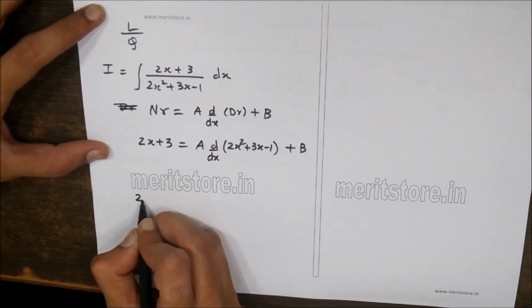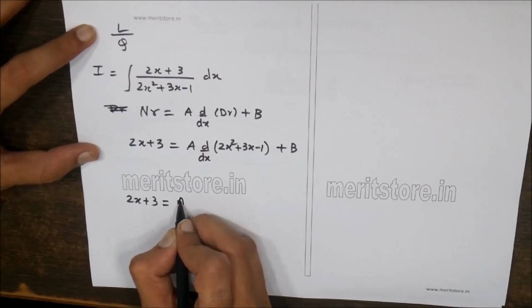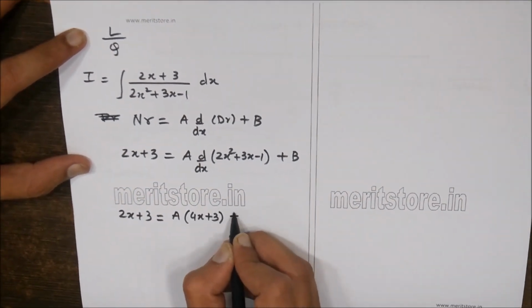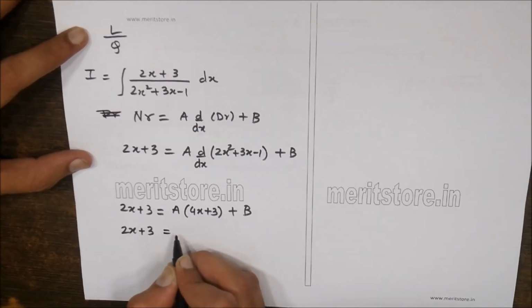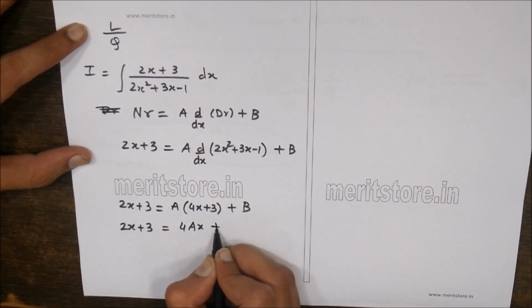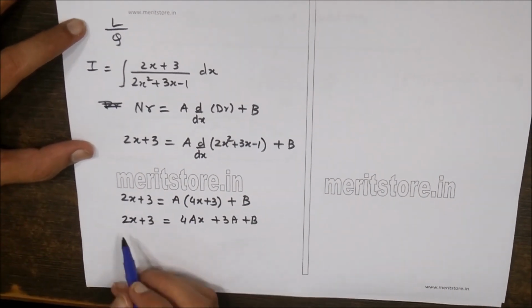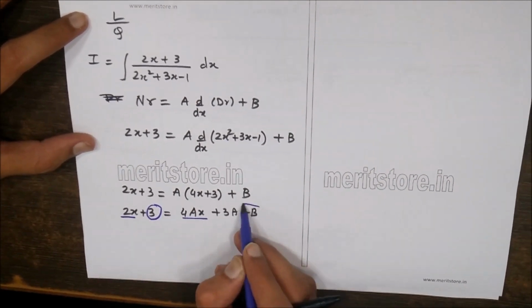Simplifying, 2x plus 3 equals a times 4x plus 3 plus b. 2x plus 3 equals 4ax plus 3a plus b. Now, I'm comparing the x term with the x term and the constant term with the constant term.